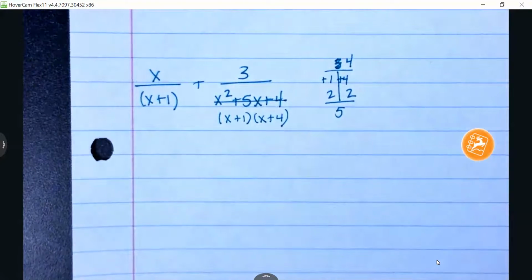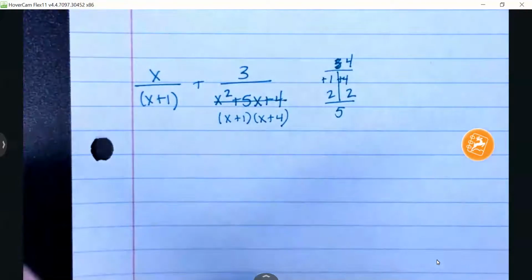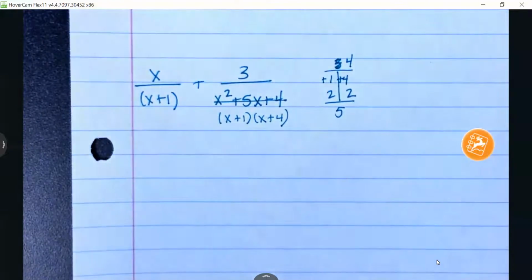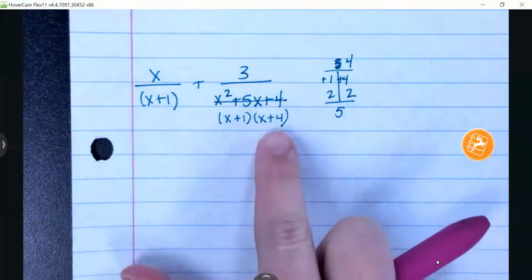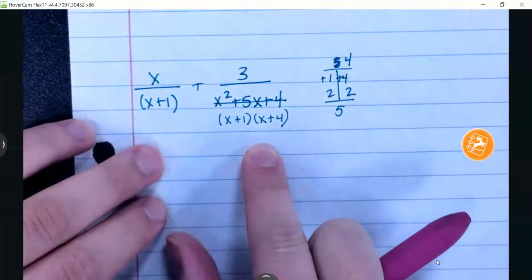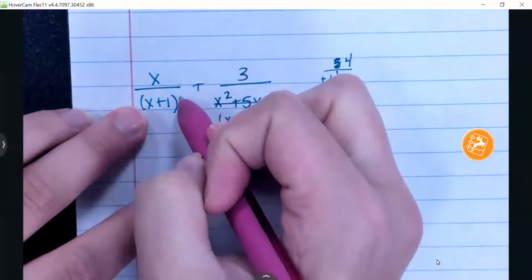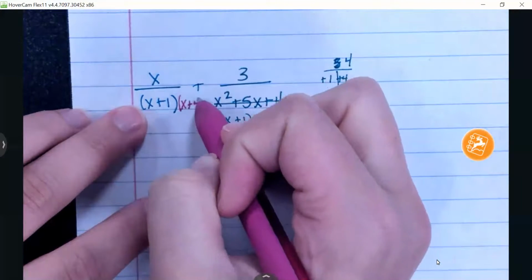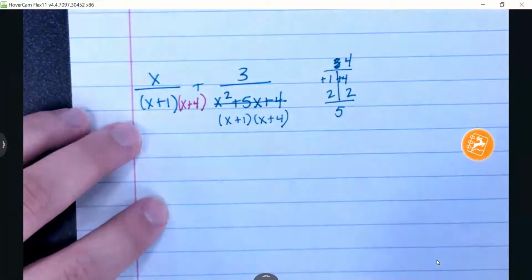Now, do my denominators look similar? They look similar. They're not the same. Which one has more stuff, the left or the right? The one on the right has more. What does it have? X plus 4. Then to make them look the same, my left one needs an x plus 4.